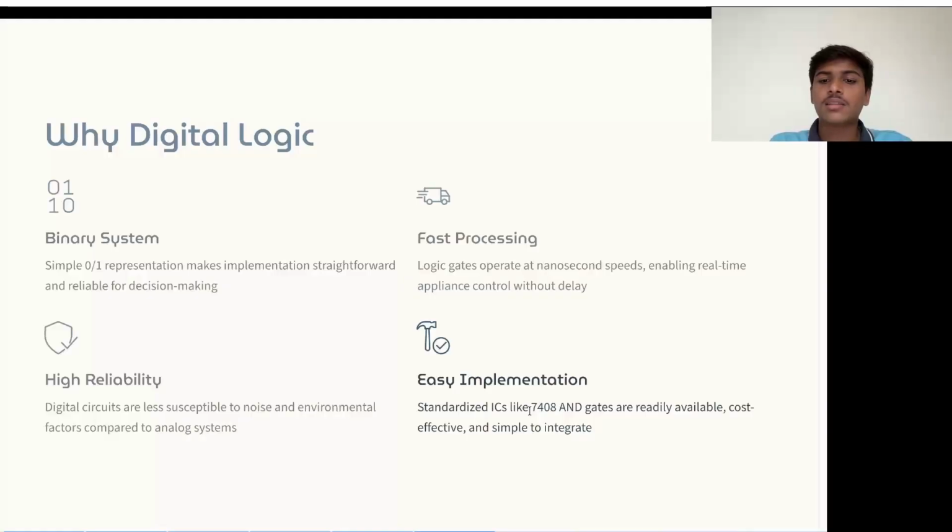Standardized ICs like 7408 AND gates are readily available, cost effective and simple to integrate. That's why we use 7408 ICs and gates, standardized, and also the binary system with 0 and 1 representations.